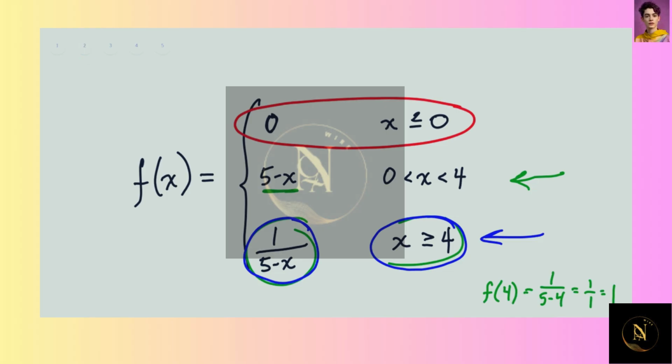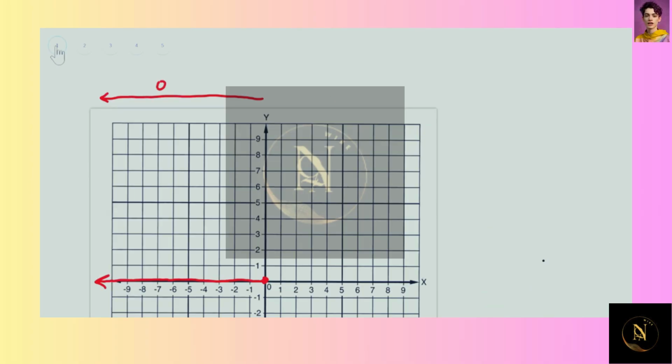The next part, when x is between 0 and 4, our function is 5 minus x. So we just said between 0 and 4, that's this part right here, 5 minus x. Well, that's just a straight line with a slope of -1 and a y-intercept of 5.